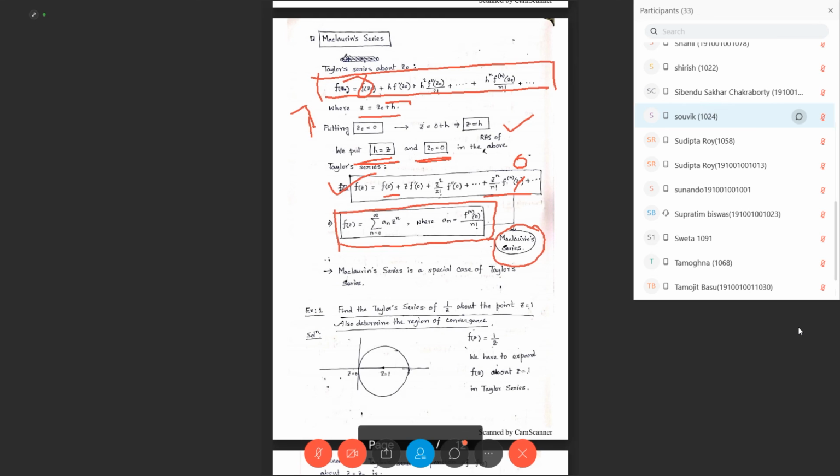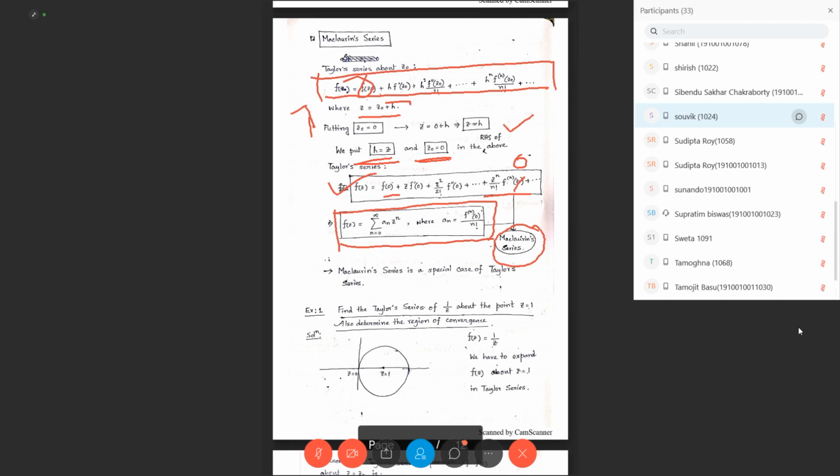So Maclaurin series is nothing but a special type of Taylor series. In Taylor series, if we put z0 equal to 0, then h equals z, and we get the Maclaurin series.